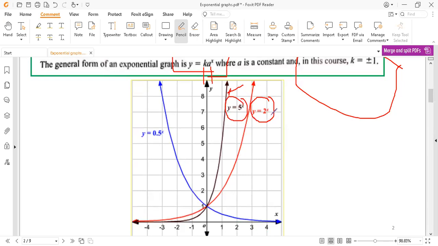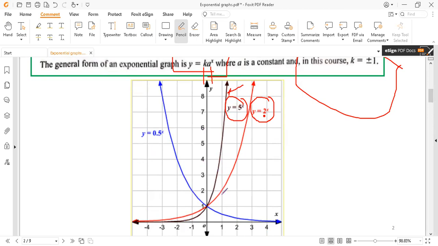We can remark clearly that when a is greater, the function becomes steeper, I mean with a greater slope.